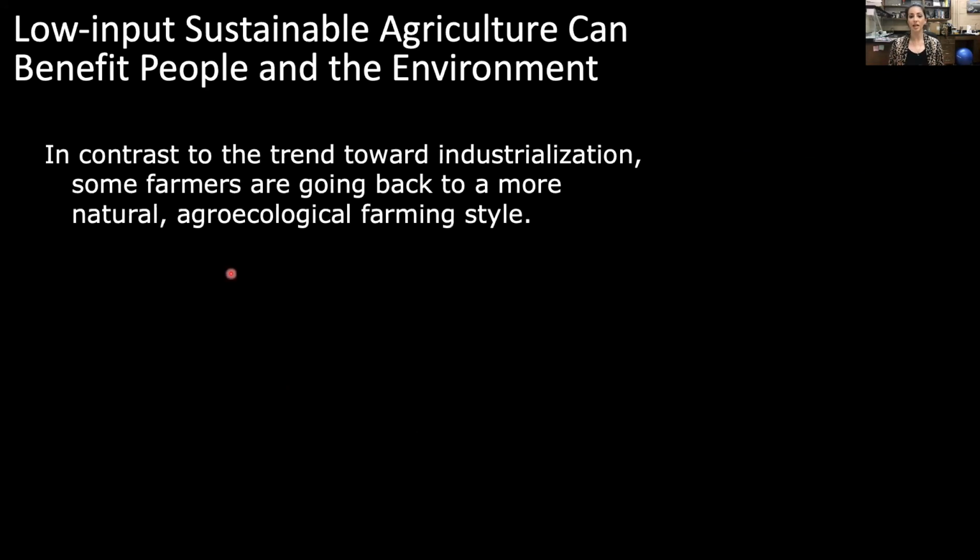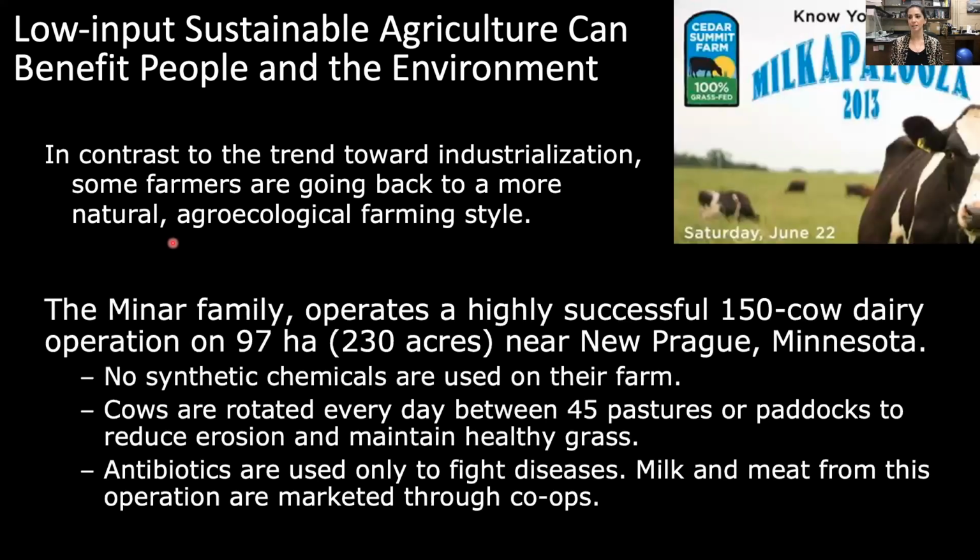Another step in the right direction is low input sustainable agriculture. This can benefit both people and communities as well as the environment. This is in stark contrast to the industrialized practices that we've been talking about, because we're taking steps towards having a more personable relationship with our farmers who are using agroecological farming and more natural practices.